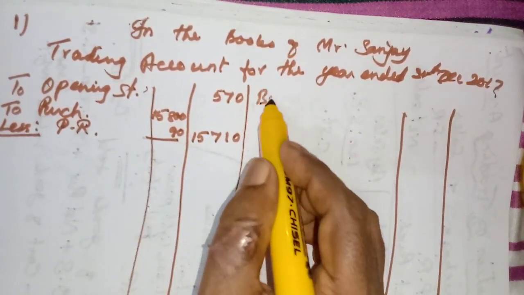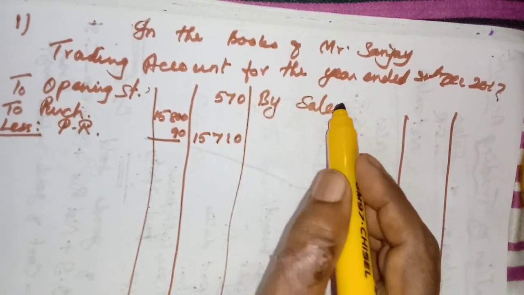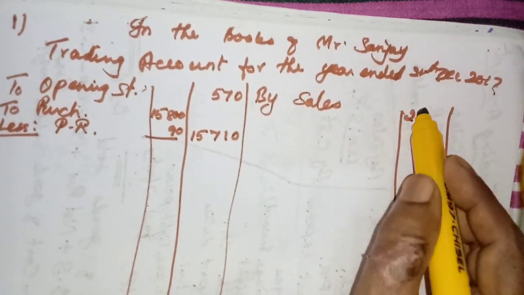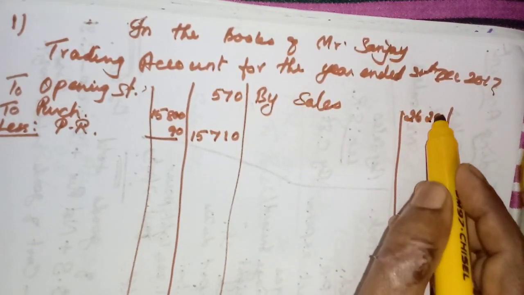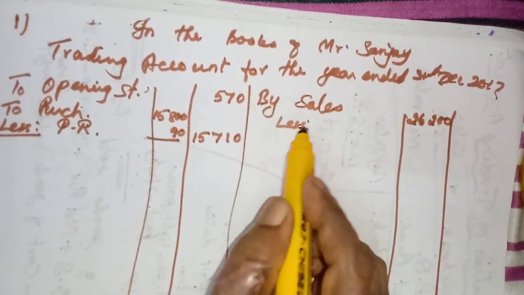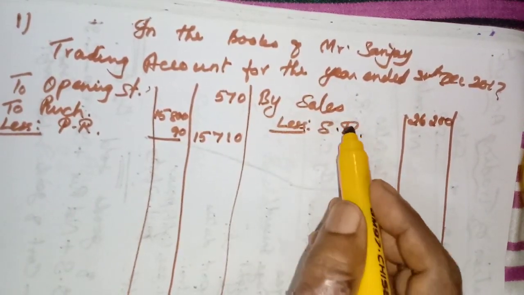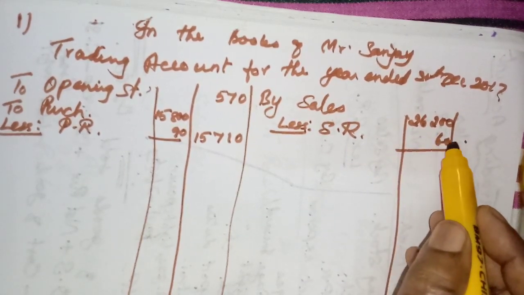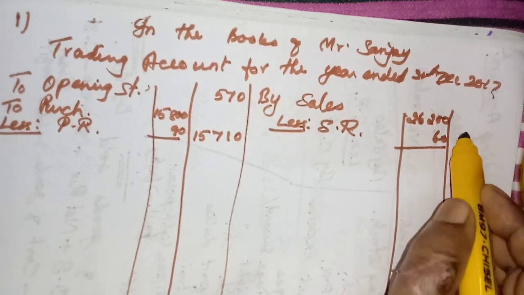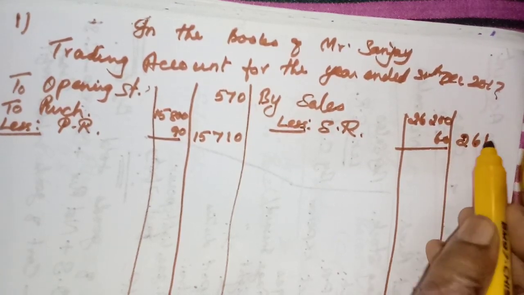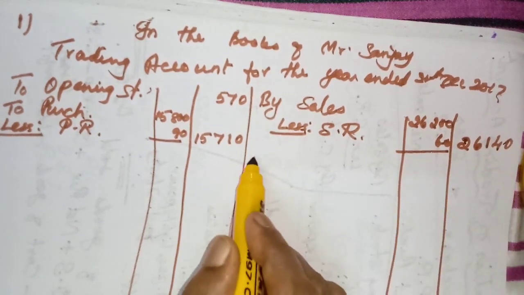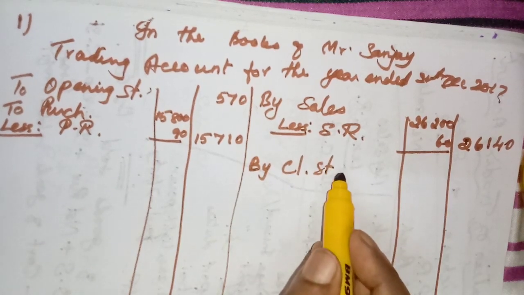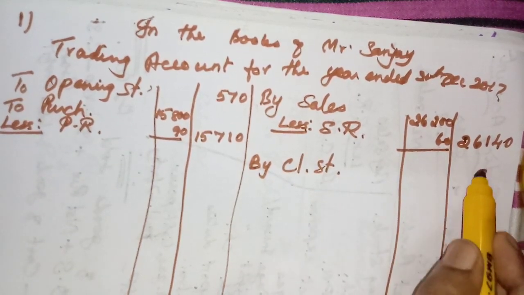So by sales, because sales returns are given, you write within the inner column 26,200. Then less sales returns 60, straight in the same line. 26,140. Then the last item is by closing stock 860.